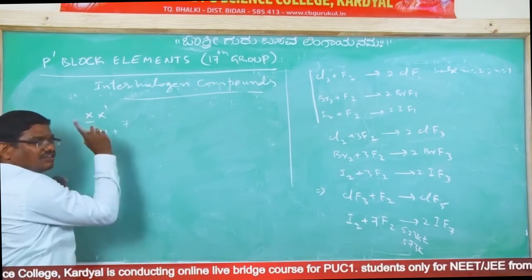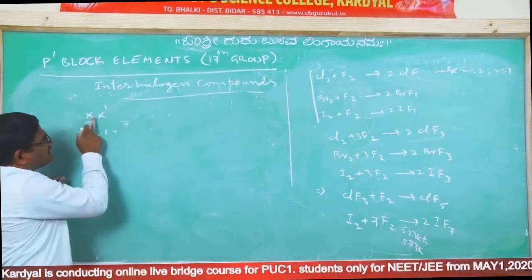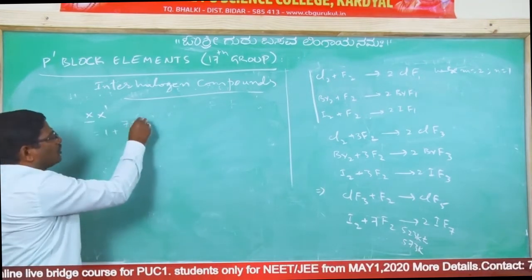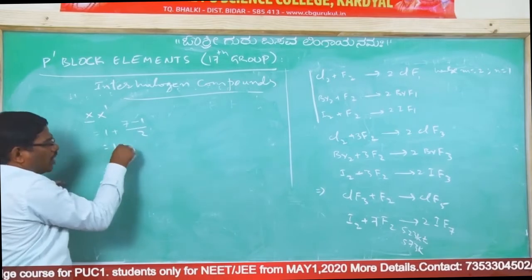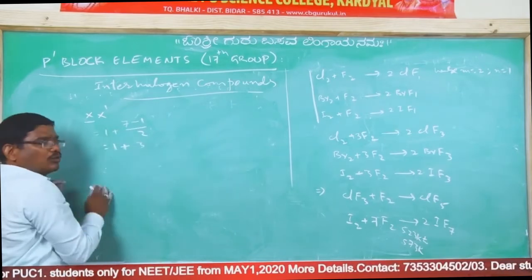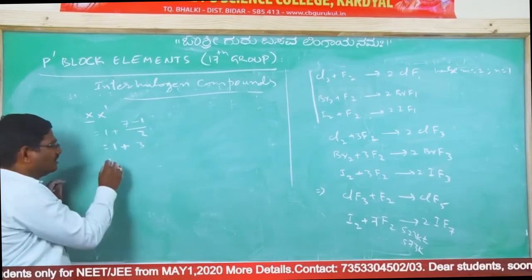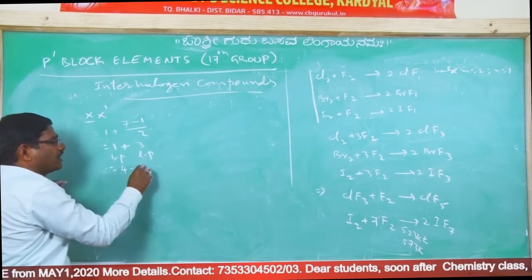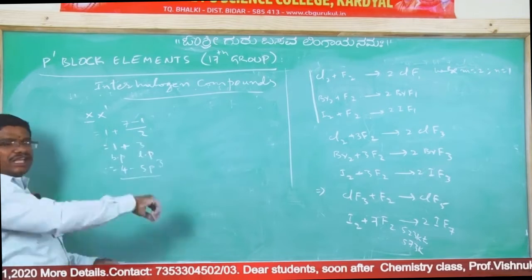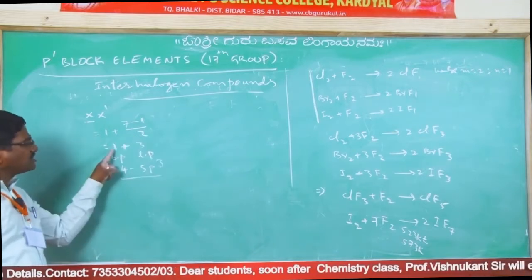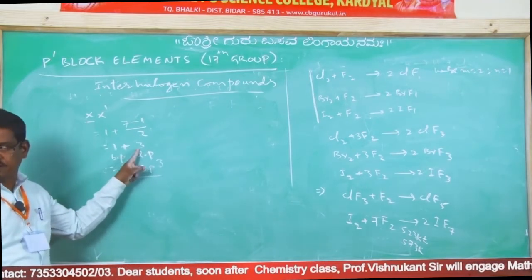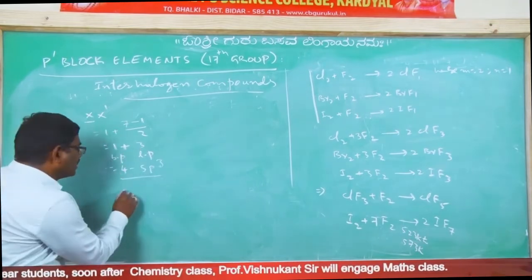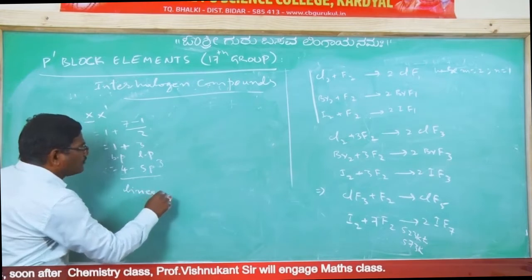X minus 1 equal to 0, X equal to 1. So 1 we have to subtract. Thus 1 bond pair with 3 lone pairs. Total number of pairs of electrons, 4. sp3 hybridization. sp3 hybridization with 1 bond pair and 3 lone pairs is linear in geometry. Clear na? Linear in geometry.